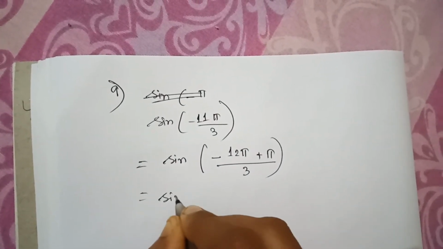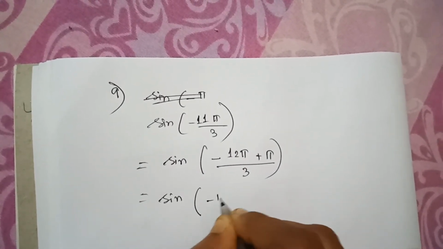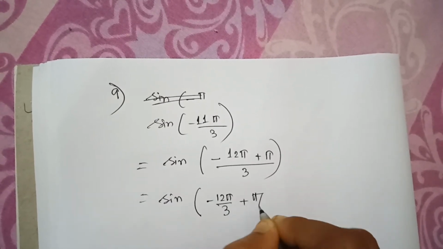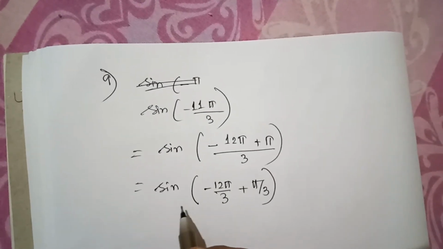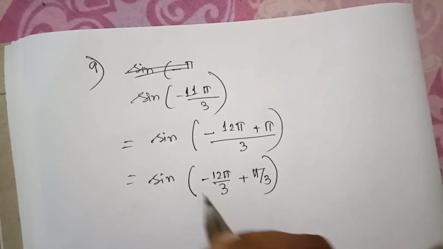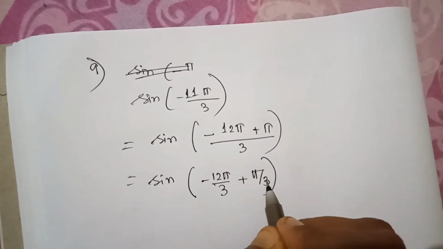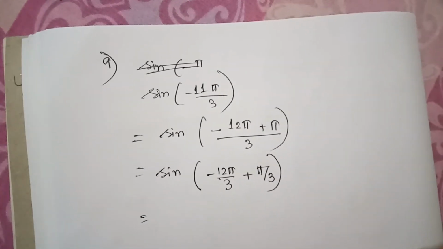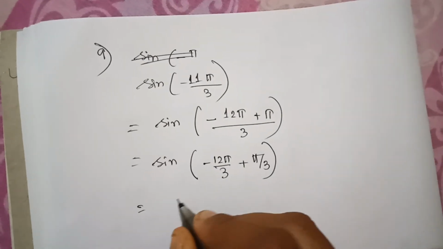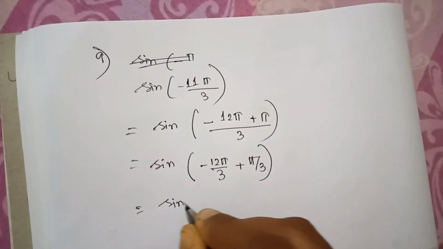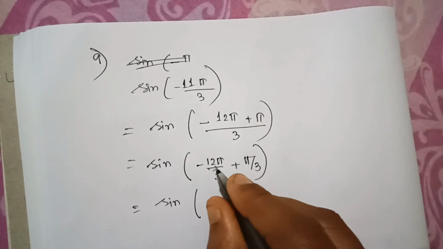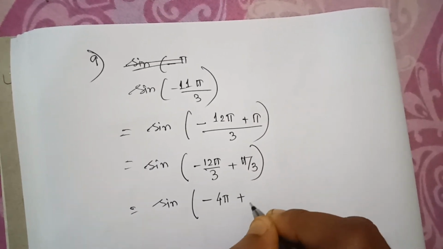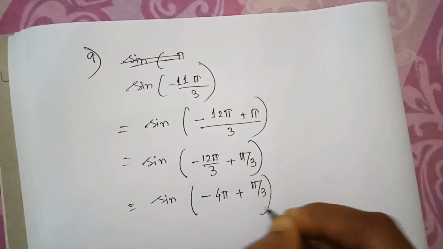We can write it as minus 12 pi by 3 plus pi by 3. Now please don't write sine of this plus sine of this. Okay, I hope now in class 11 you will not make that mistake. So sine of minus 12 pi by 3, that means minus 4 pi plus pi by 3.